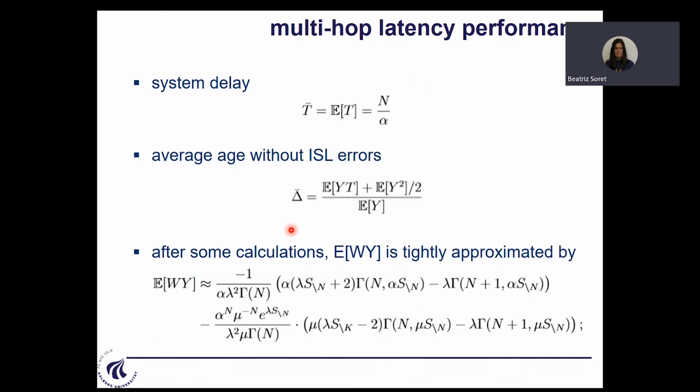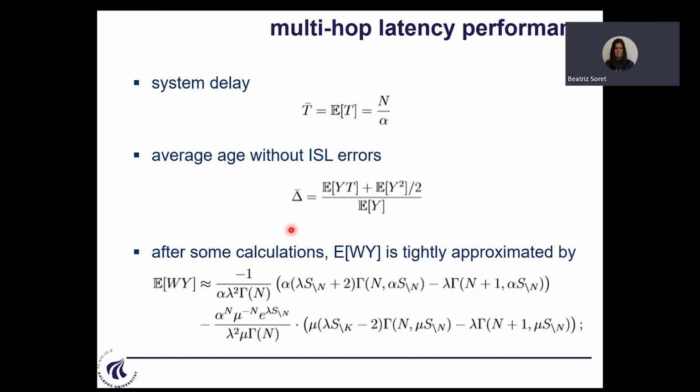Yes, I can skip the rest because I'm getting a bit late. We look at two performance metrics here. First is the total delay or the system delay. This is the classical metric for queuing networks.